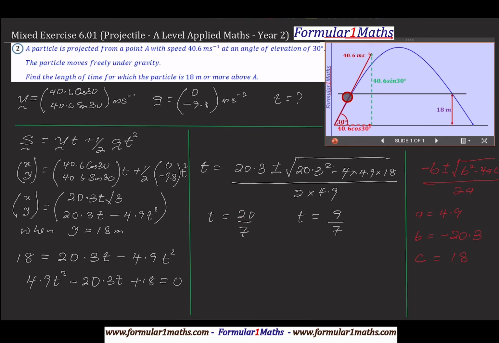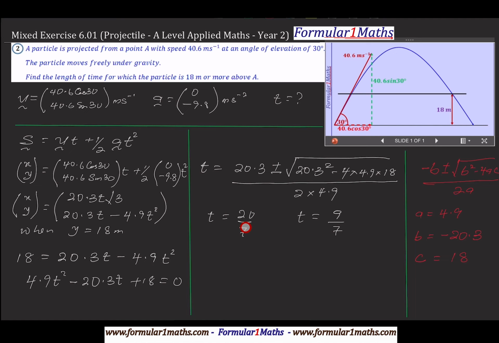The question is asking for the length of time for which the particle is 18 meters or more above A. So that means you're going to subtract this from that.